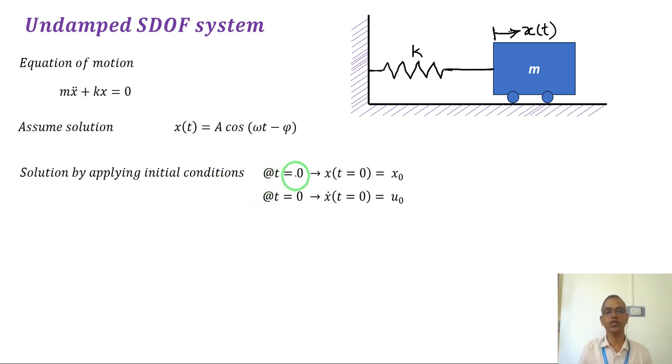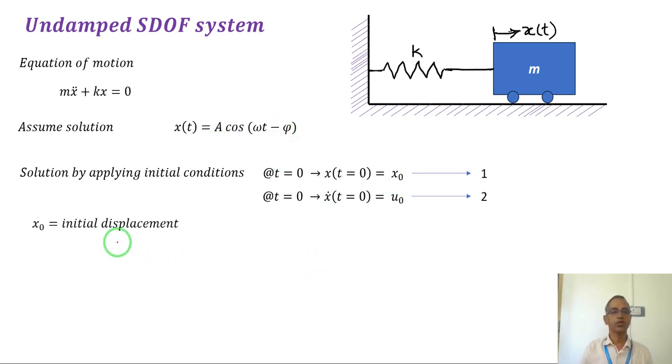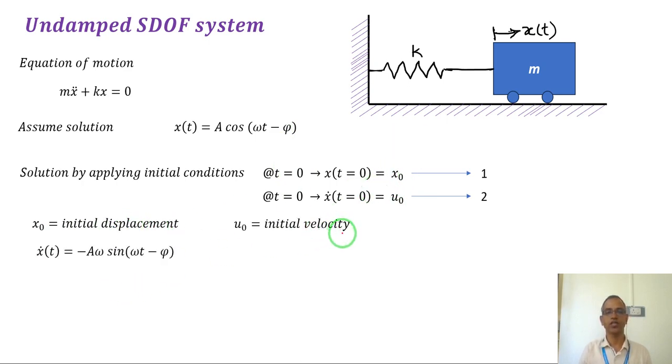So the initial conditions are: at time t equal to 0, x of t is x naught, and at time t equal to 0, the initial velocity is u naught. Using these two conditions, we can find two unknowns, A and phi. So x naught is the initial displacement, u naught is the initial velocity.